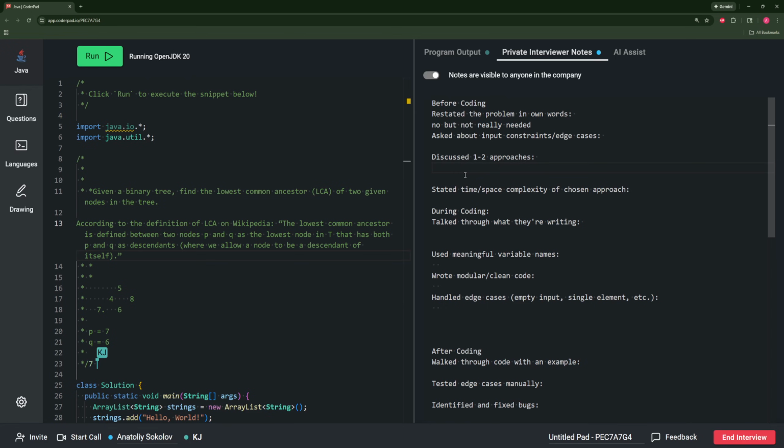So I would have 7, 4, and 5 as the path, and a similar thing for Q also. So that would be 6, 4, and 5. I would store this in a stack.